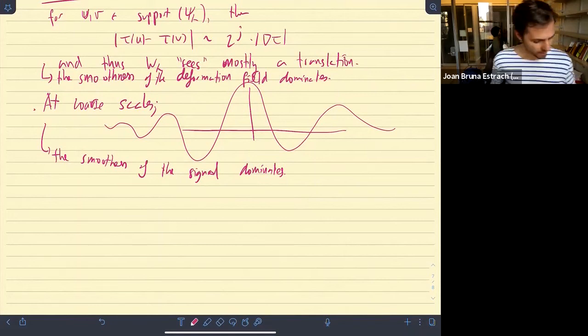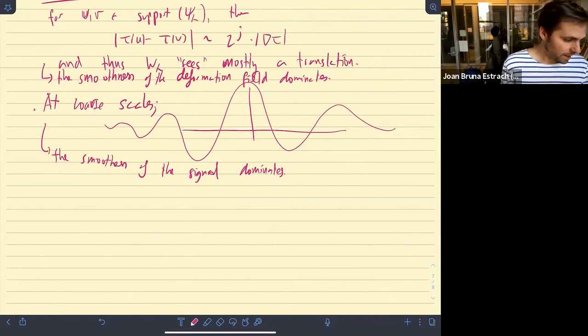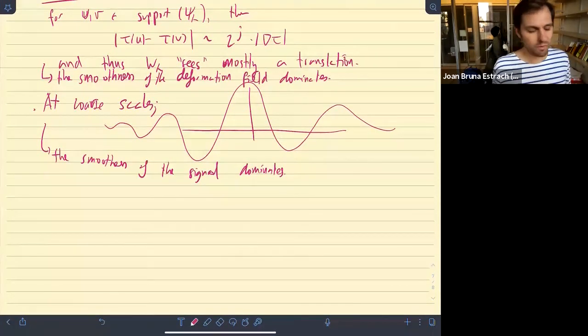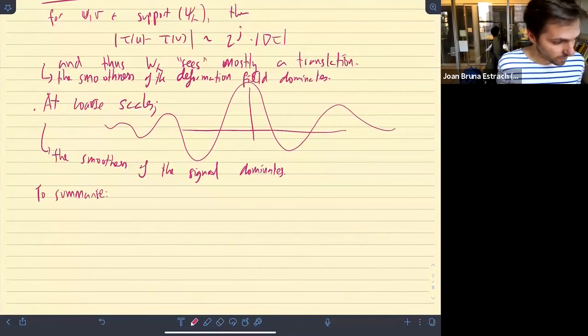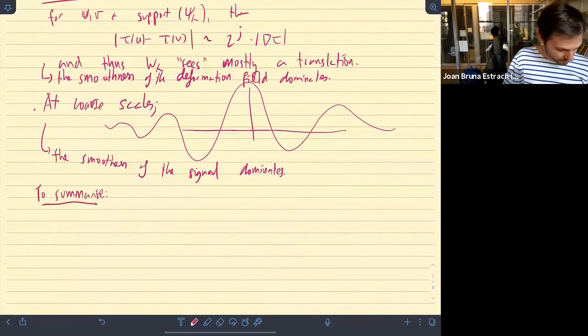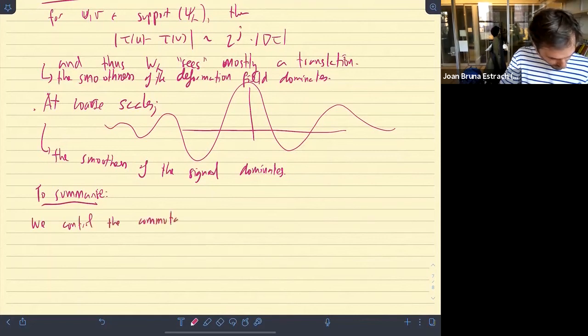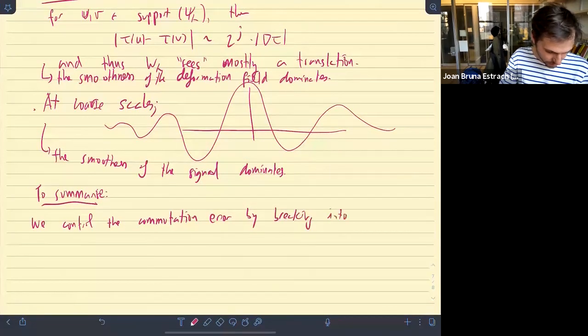At the technical level, the meat, the technical substance of this result, just to summarize, is that we control the commutation error by breaking into two regimes.